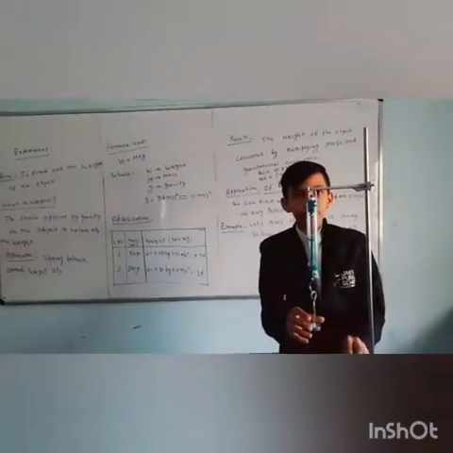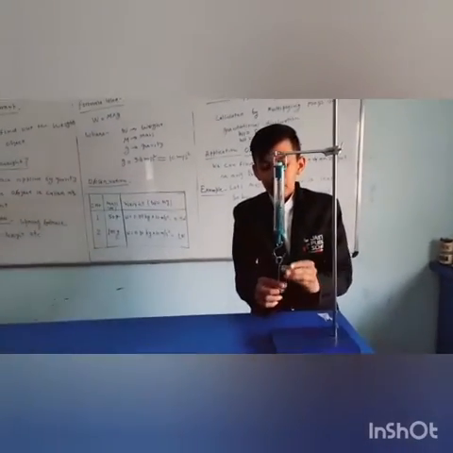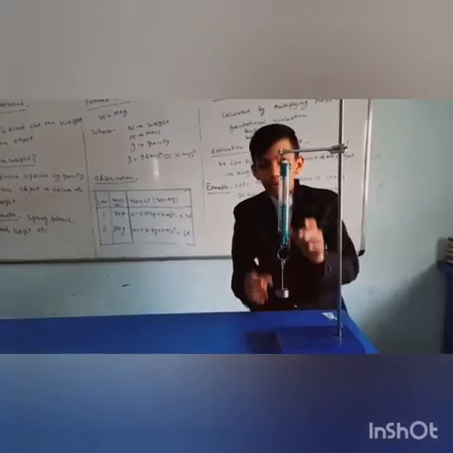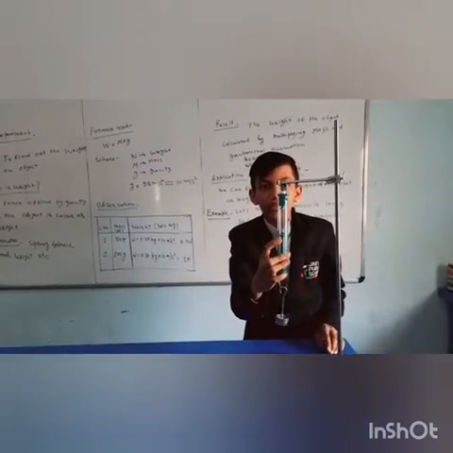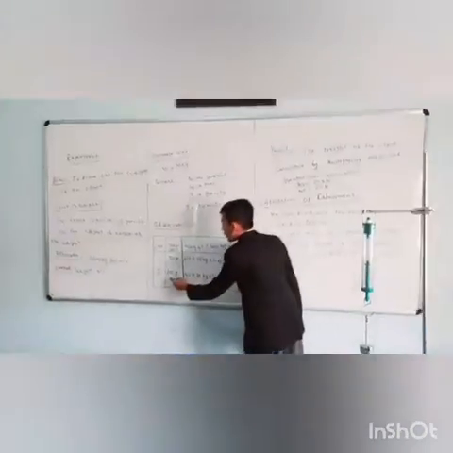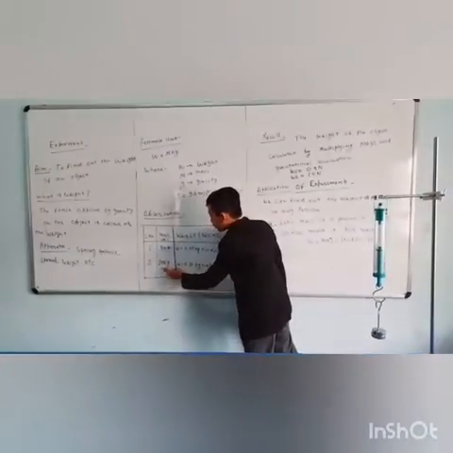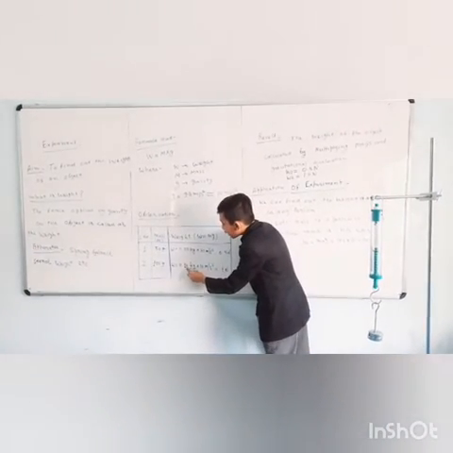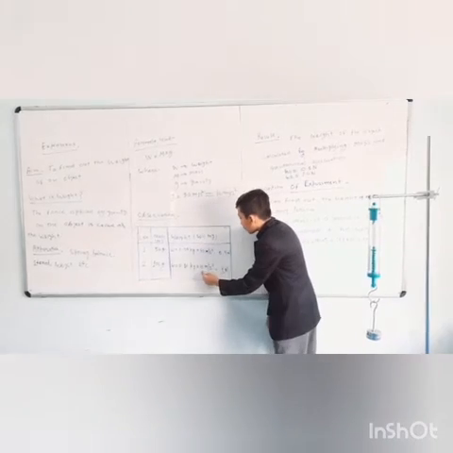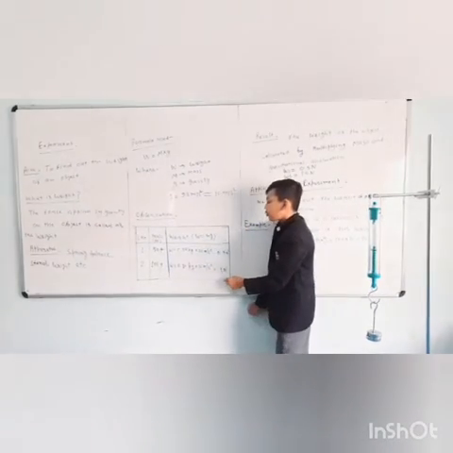Here we have more mass. Now it's jumped to 100 grams. Now we write here the value 100 grams. So here we have converted into kilograms, and multiplied by the value of gravity, it equals 1 Newton.